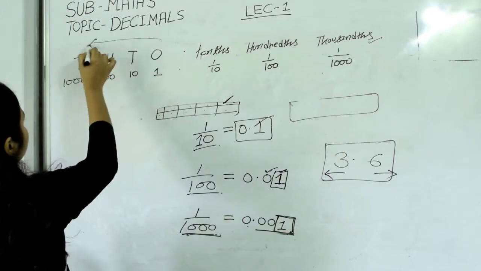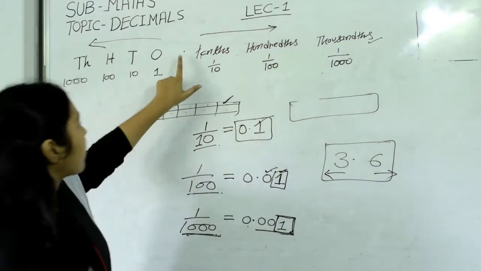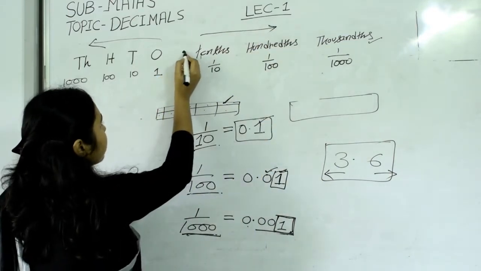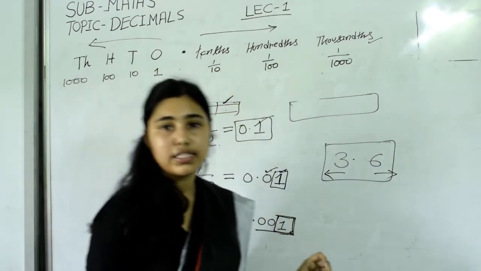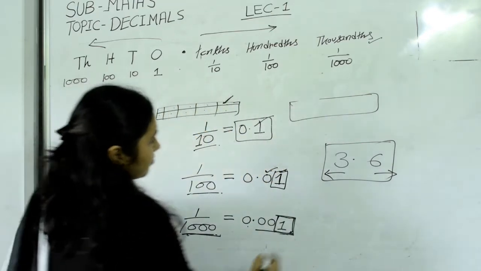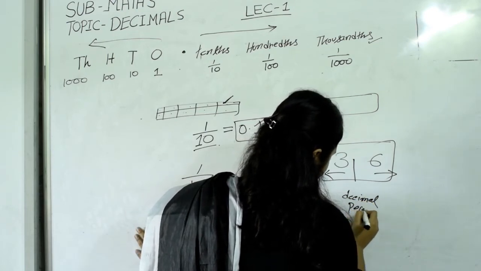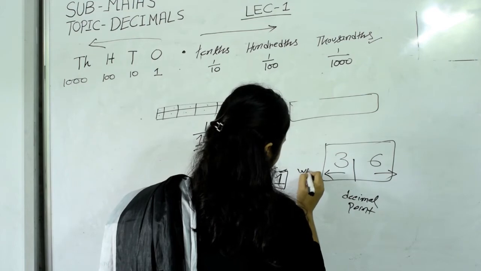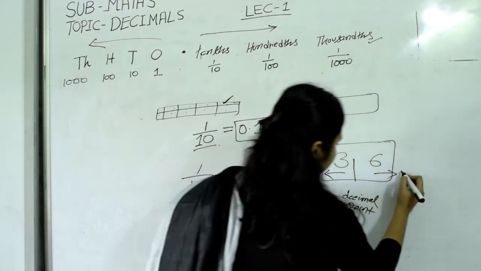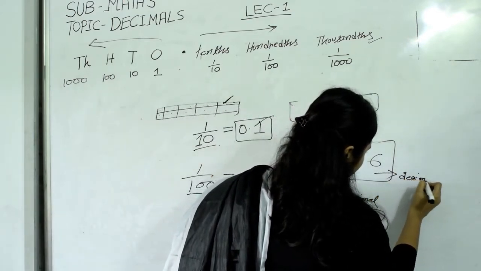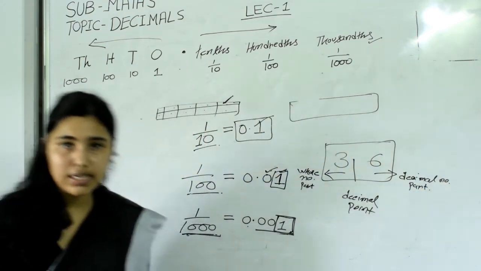This part is known as the whole number part. And this is the decimal point. The part after this decimal point is known as the decimal number part. So this point is the decimal point, this part is the whole number part, and this part is the decimal number part. Is this clear?